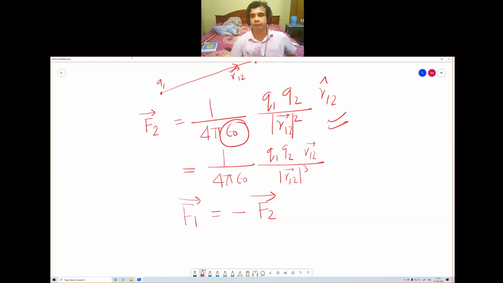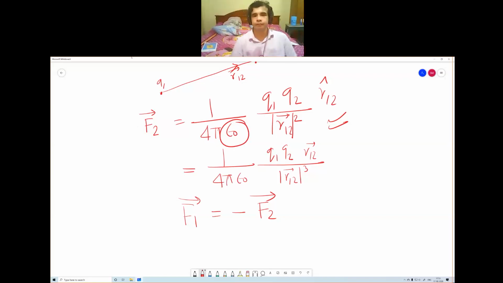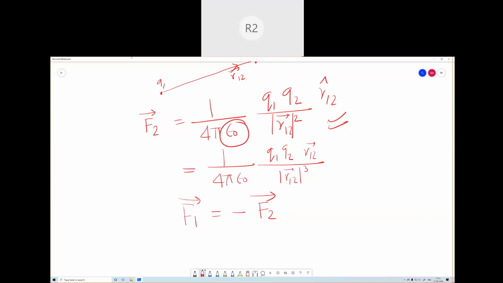What is this? Permittivity of free space. Absolutely right. Very good. What is the value? 8.854 into 10 to the power minus 12 units. Yes, the value is correct.